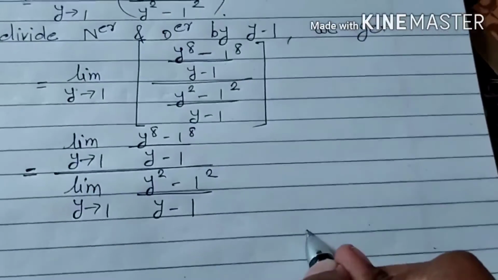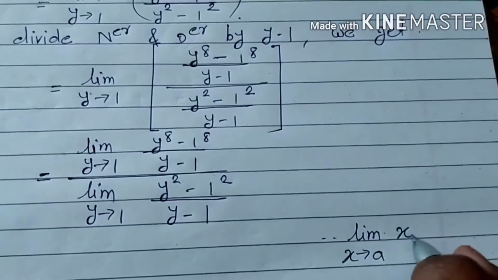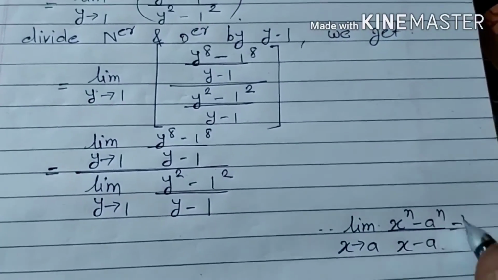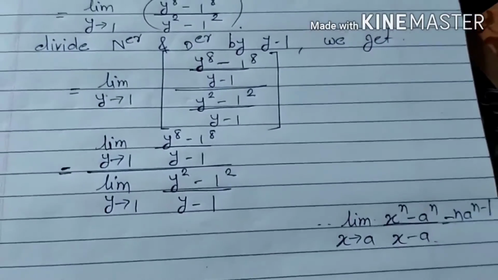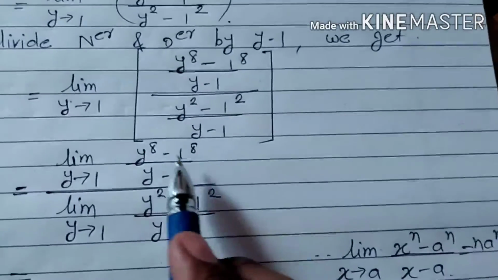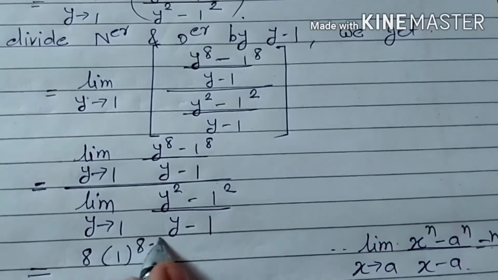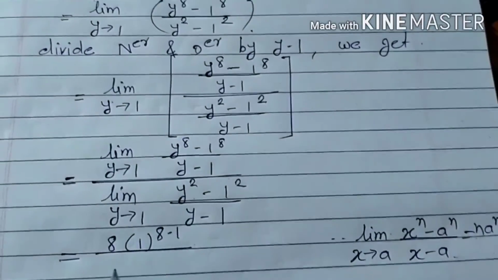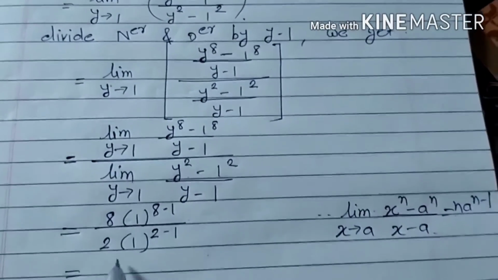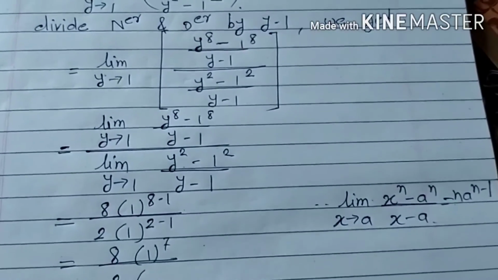Now use our theorem, that is limit x tends to a, x raised to n minus a raised to n upon x minus a is equal to n a raised to n minus 1. Using this theorem, here the power is 8, the constant is 1 and it is 8 minus 1. Here the power is 2, the constant 1, and 2 minus 1. So it is 8 into 1 raised to 7 upon 2 into 1 square.